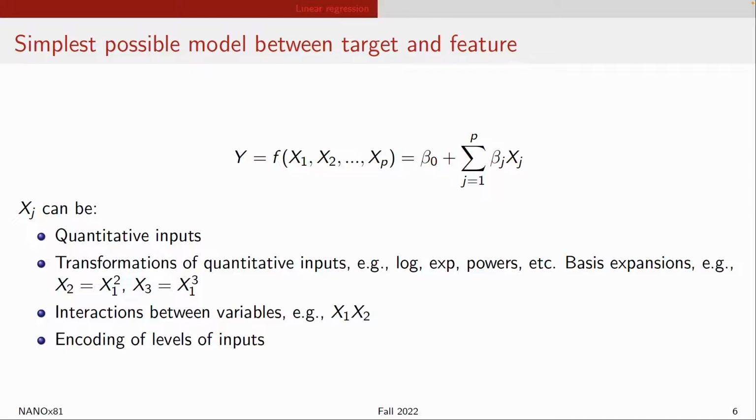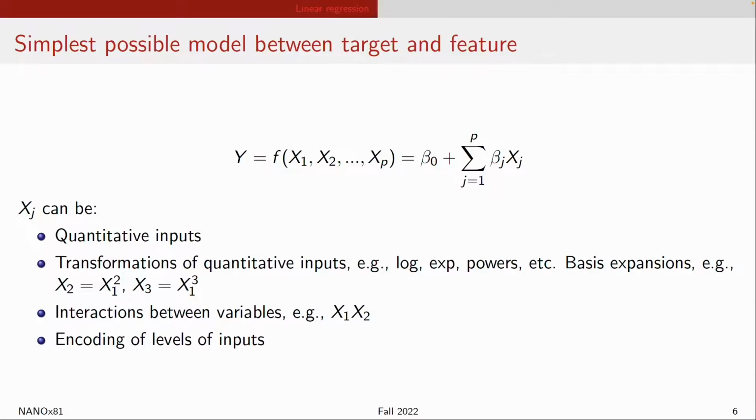It doesn't have to be just the electronegativity, right? I can take the square of the electronegativity, I can take the square root of the electronegativity. These are called transformations of your quantitative inputs, right? And you can also do basis expansions of your inputs. And all these are still considered linear models, okay?